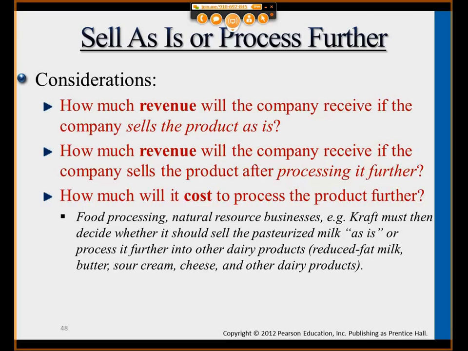How much revenue will the company receive if the company sells the product as is? And then we're going to compare this to the answer to the second question: how much revenue will the company receive if the company sells the product after processing it further? Does it make sense to finish that product into something more finished than selling it as is?